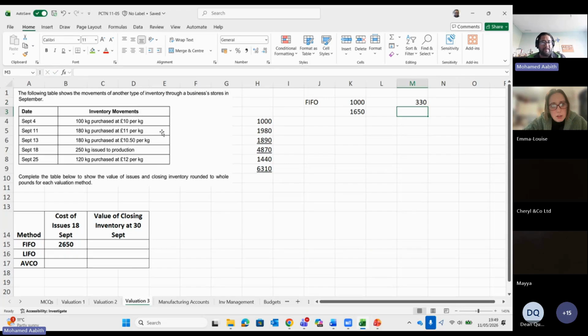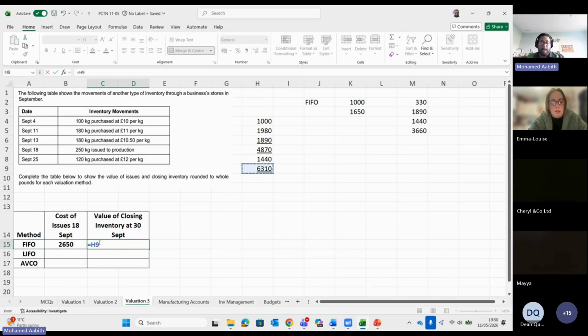And then also we have all of this other inventory, which is 180 times £10.50, and then also the newer inventory of 120 kilograms times 12. Altogether, we have 3,660. So if I use the way I've told you, if you know you've done everything perfectly, this minus that number gives you the closing inventory.